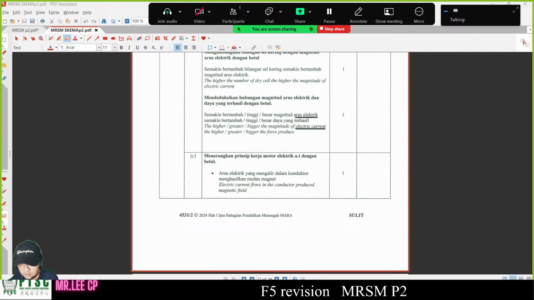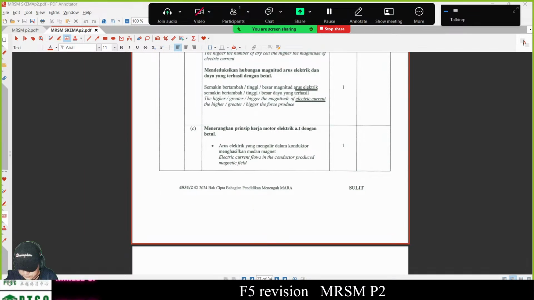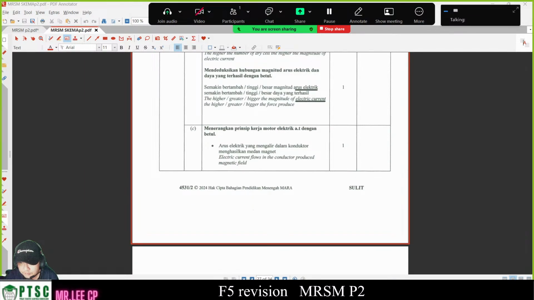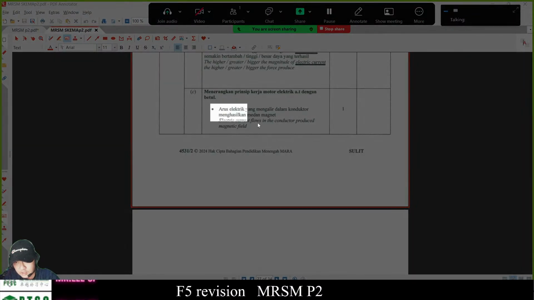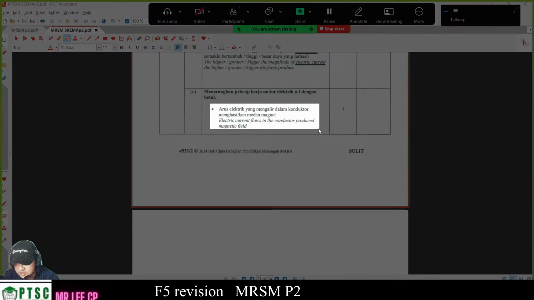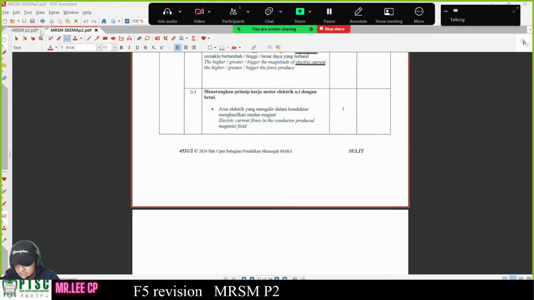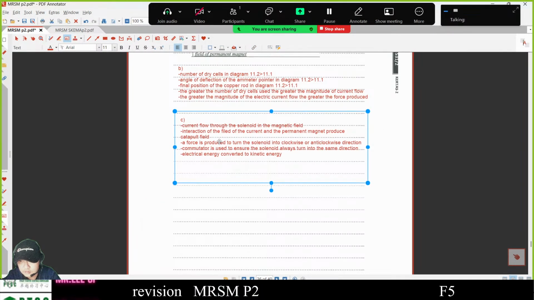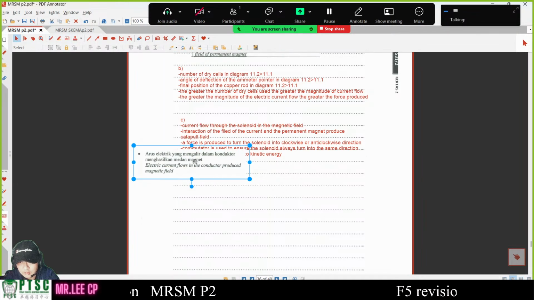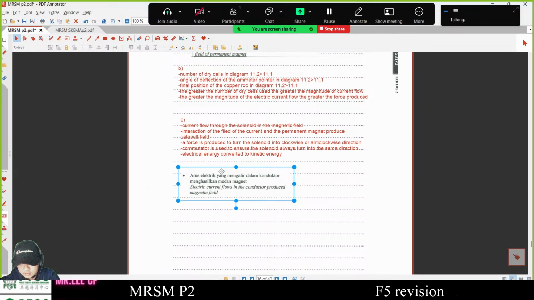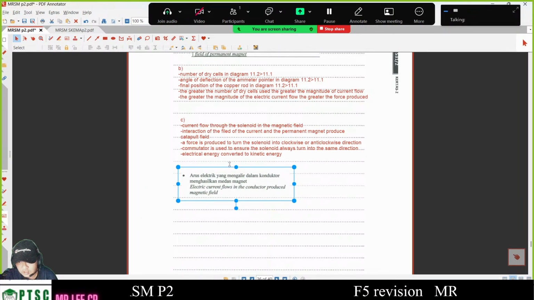So the next one, first one, electric current flow through the conductor produces a magnetic field.